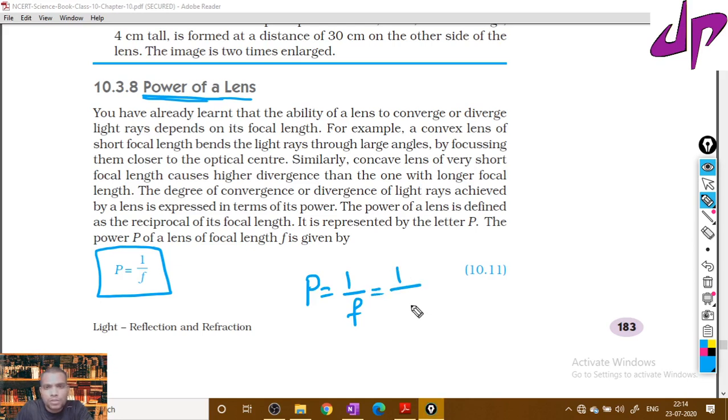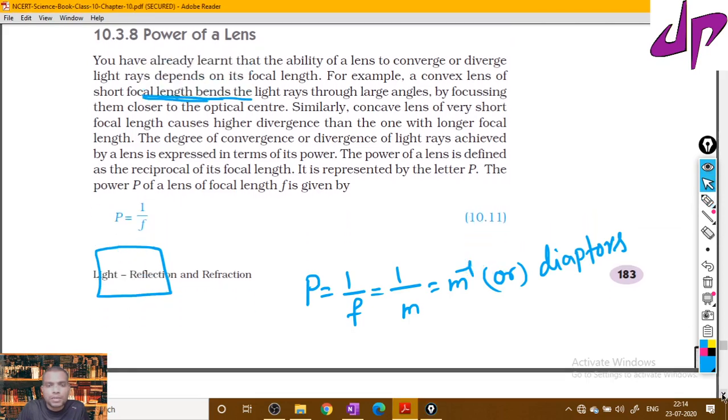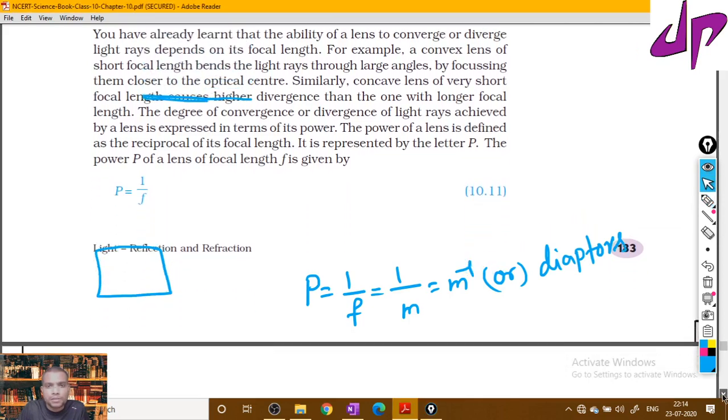The focal length we take in meters, so the unit is meters inverse, which we write as diopters. So the reciprocal of focal length is defined as the power of a lens, and the units of power are diopters.